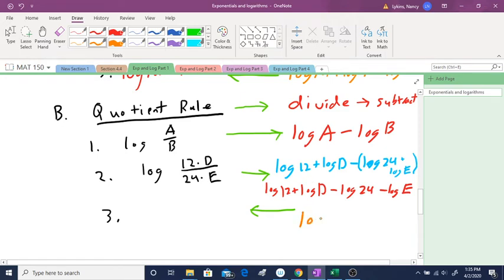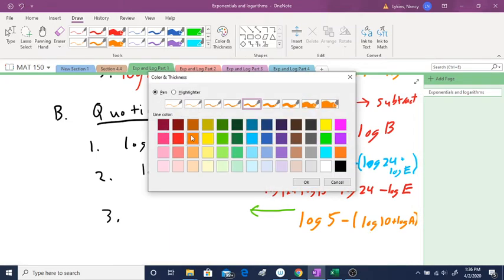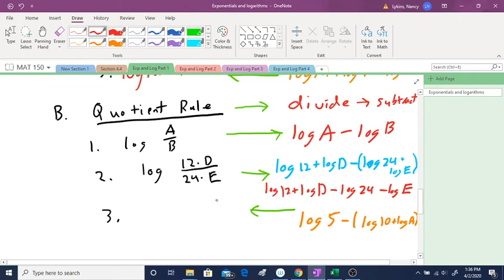So I'm going to make this up: log 5 minus, and then in parentheses, log 10 plus log a. So I see that I've got a minus sign, so I know that that should be a quotient rule.